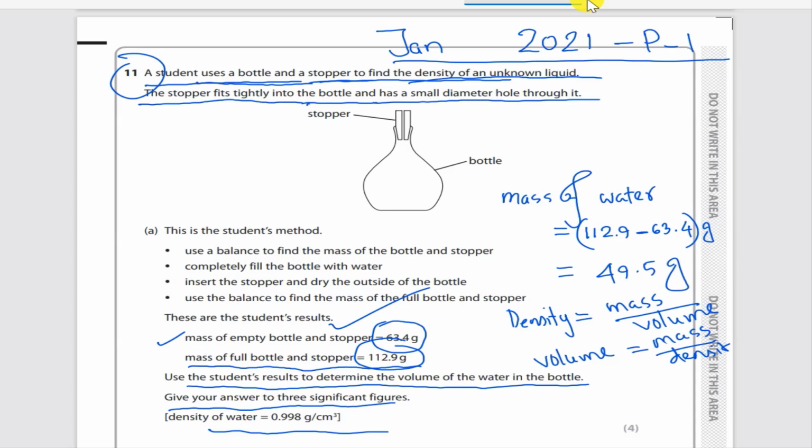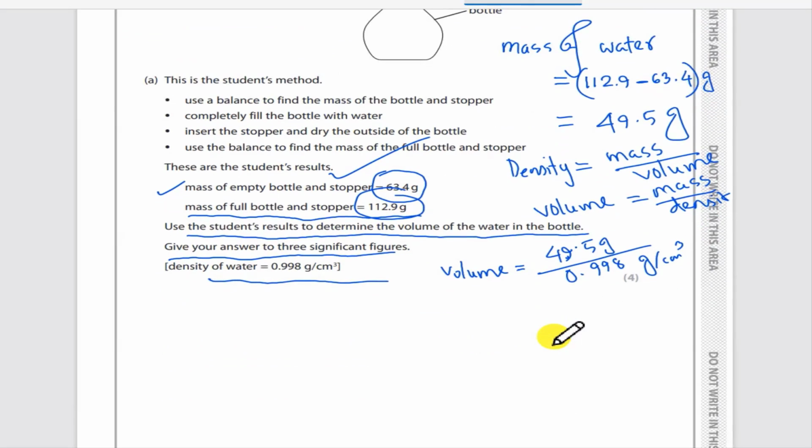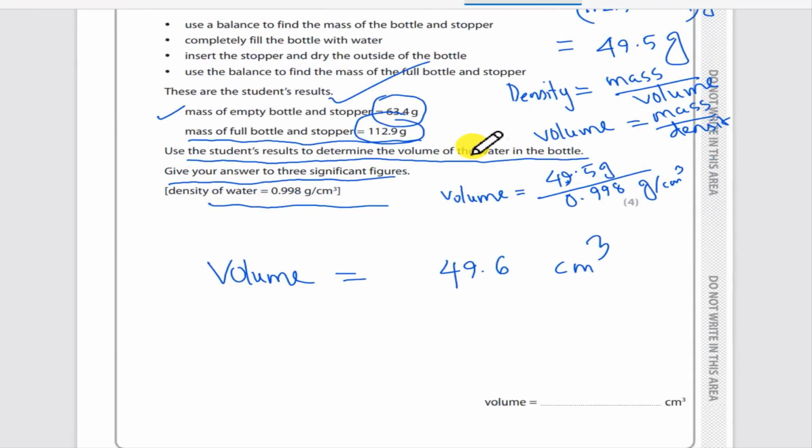Here mass is 49.5 gram and density of the liquid here is 0.998 gram per centimeter cube. So volume is 49.6 centimeter cube.